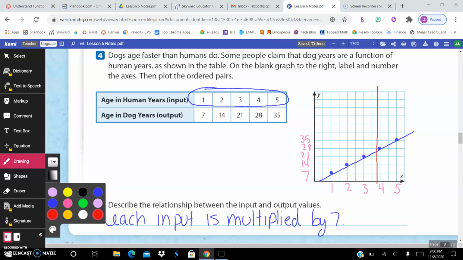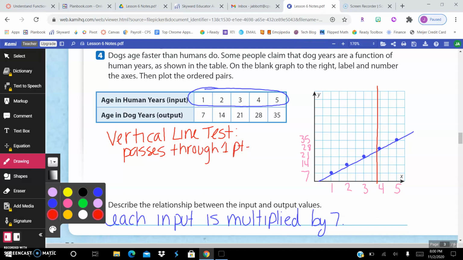So that passes the vertical line test. So if it passes through one point on the graph only, then it is a function. If it passes through 2 or more points, then it is not a function. And I will draw an example of that here in a second.